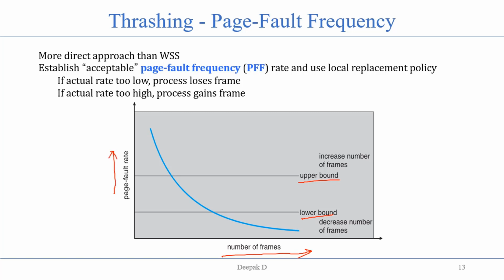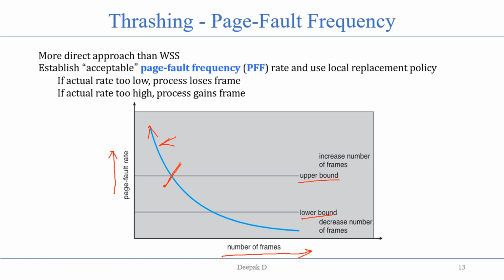And this is the page fault rate. If a process has a higher page fault rate than the upper bound, it tells us that the process needs more frames, so we have to allocate more frames to it.